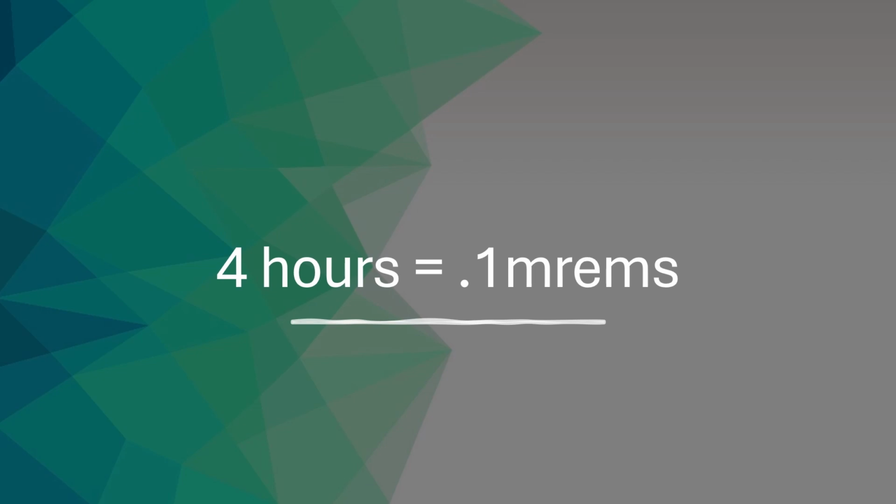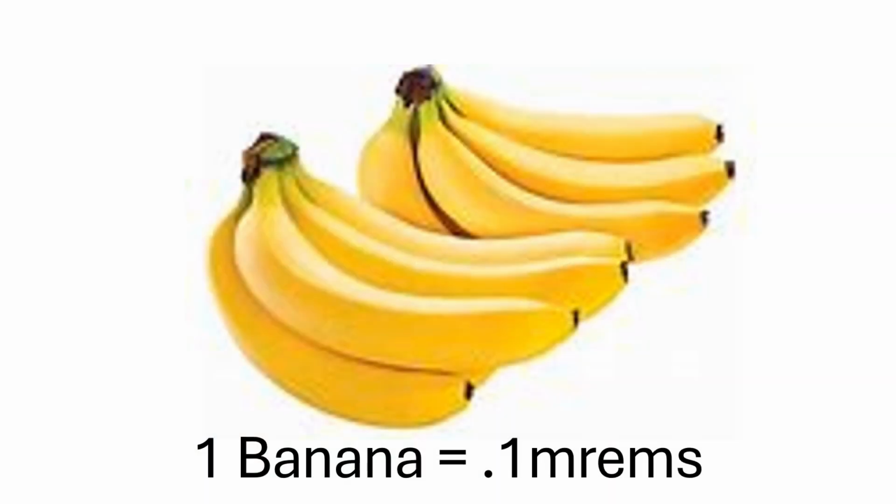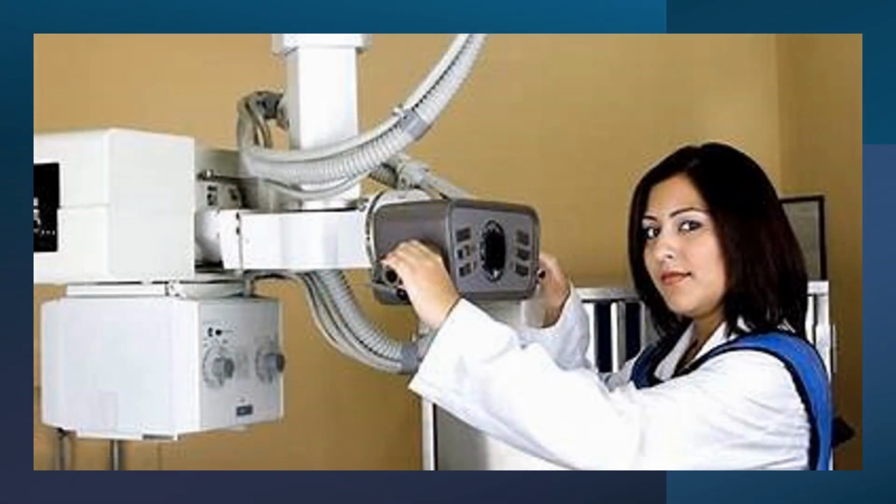So 0.1. Now, to compare it, if we compare it to eating a banana, which, if you don't know, are mildly radioactive due to the potassium content, and for perspective, radiologists, people that do x-rays and things like that work in.